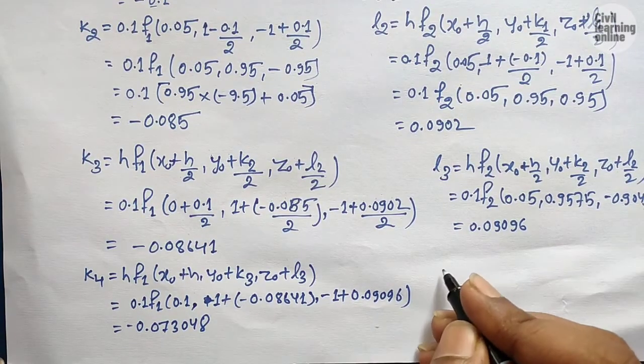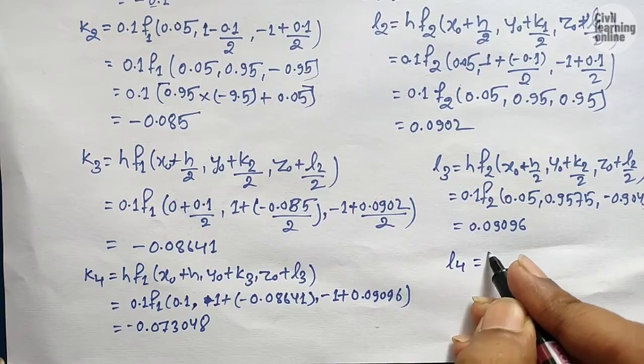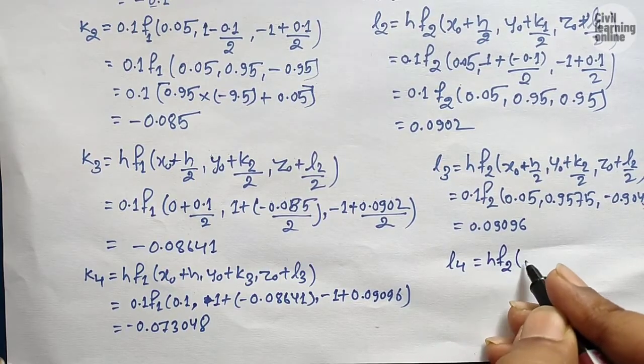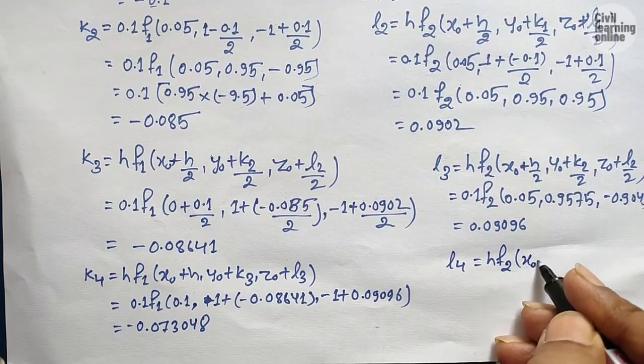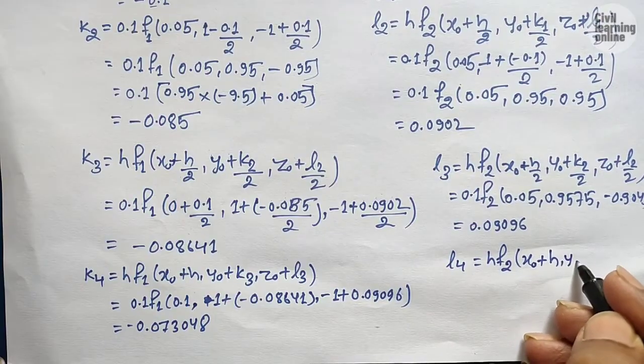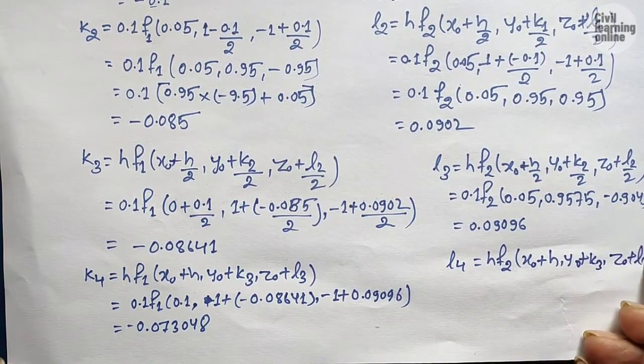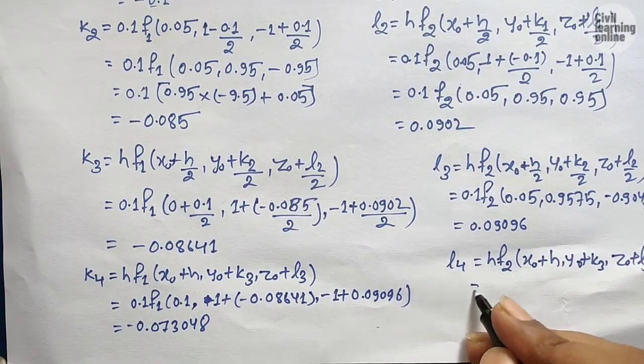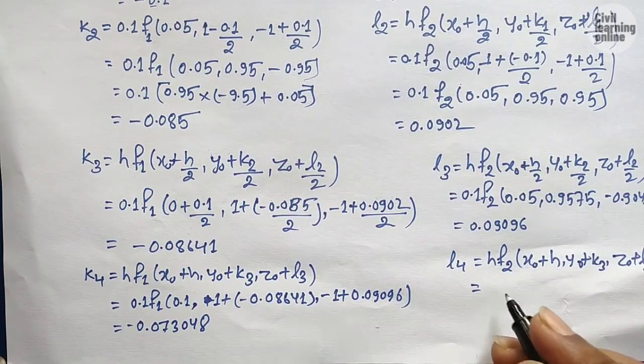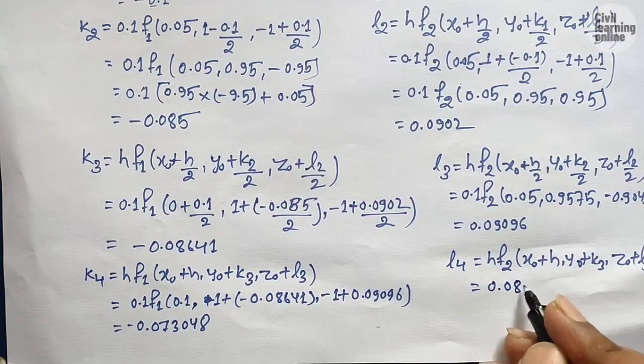Similarly, we have L4 equals h f2 (x0 + h, y0 + k3, z0 + L3), and from here, putting in the values, we will get L4 equal to 0.08226.